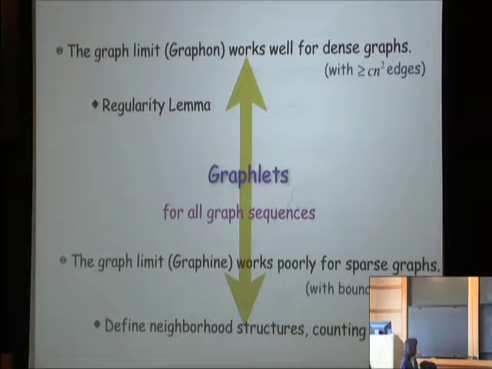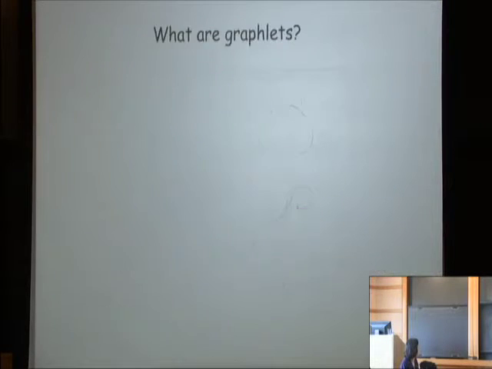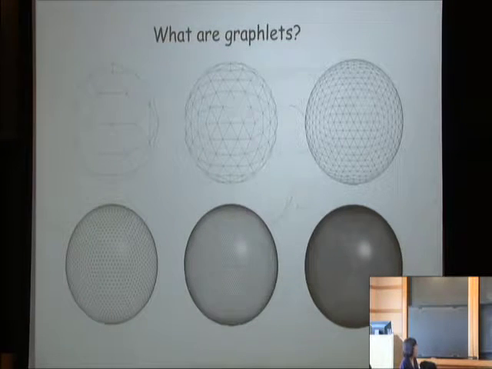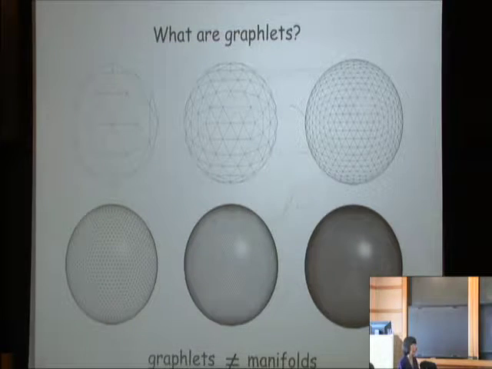So there's sort of a gap in between. In the spirit of all these things, I create another word, attempting to bridge the two, for general degree sequences, by using spectral methods. Well, what are graphlets? That's the first question. The word manifold comes to mind.